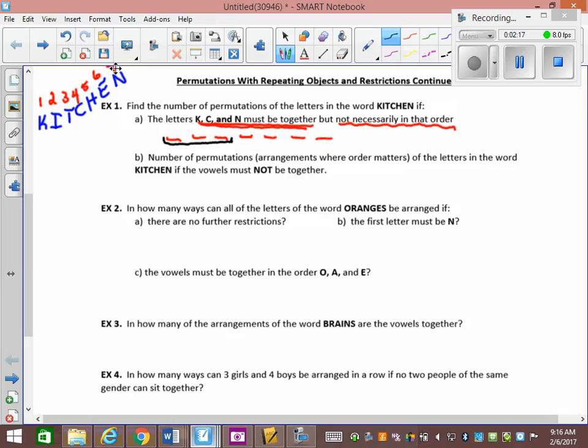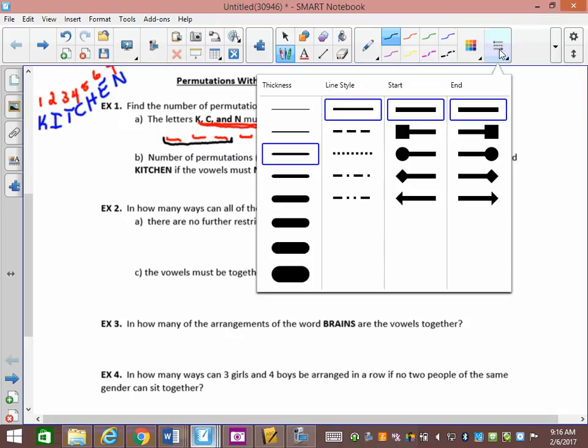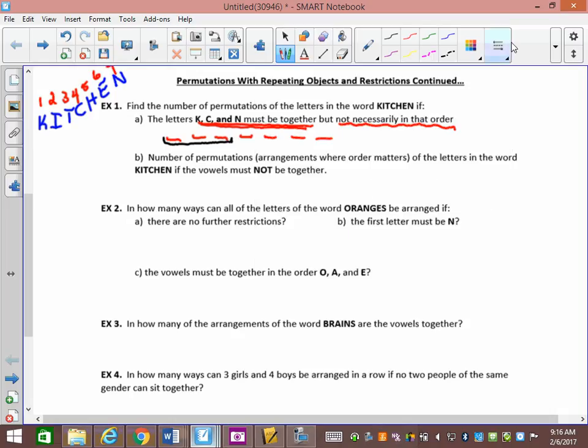Now, if they had to be in the order K, C, N, you'd put a K here, a C here, and an N here, and you'd have the options 1, 1, 1. Correct in those blanks? But it doesn't say that. So I'm going to start off with the first blank. So the first blank, I have the options of K, C, or N, right?